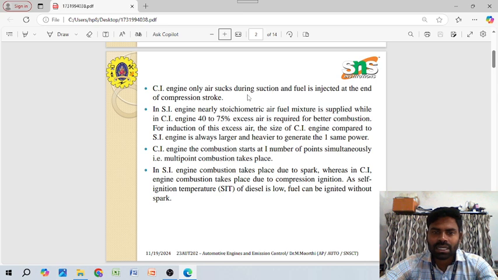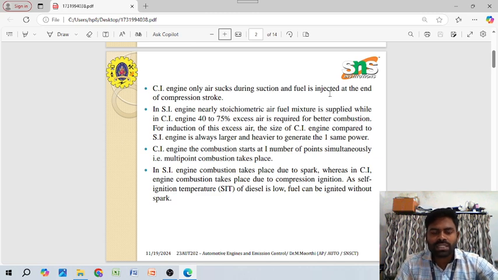The compressed air temperature is high enough to ignite the fuel. During the fourth stroke, the exhaust stroke, after combustion the exhaust gas is expelled with the help of the exhaust manifold. So these are the four strokes. In the CI engine only air is sucked in during suction, and fuel is injected at the end of the compression stroke.